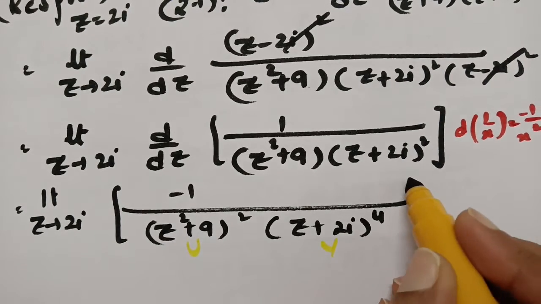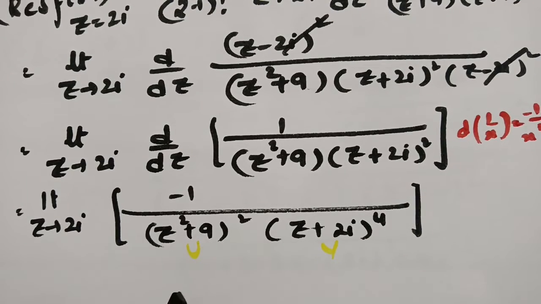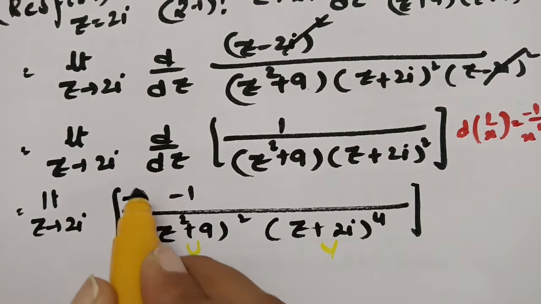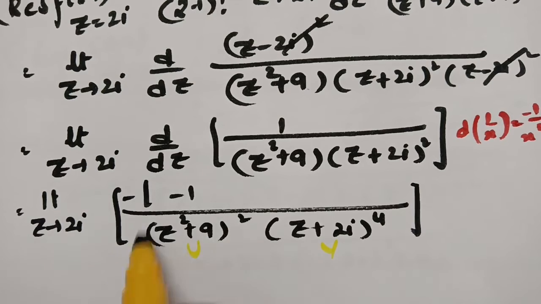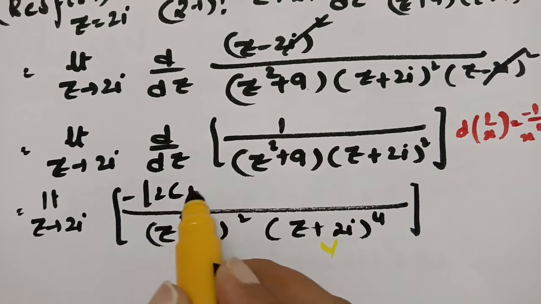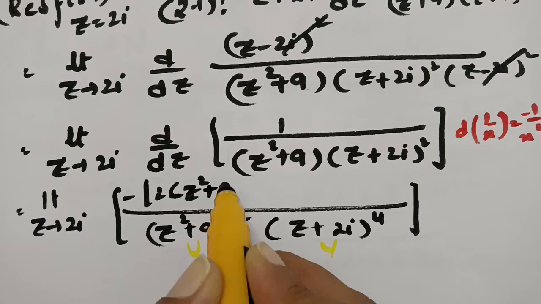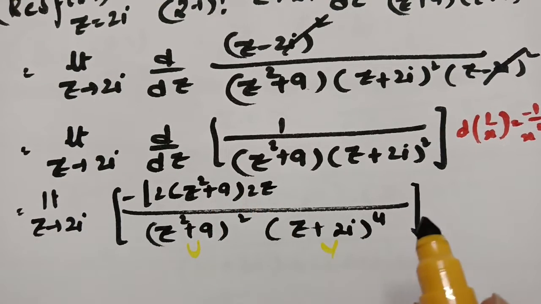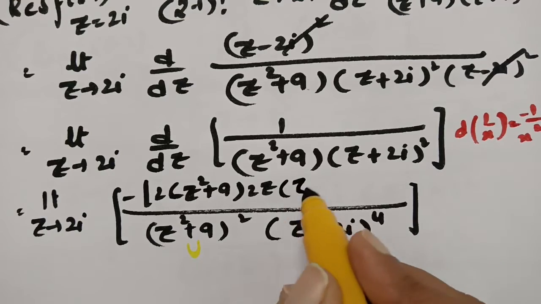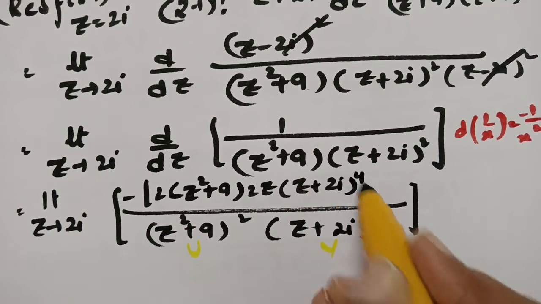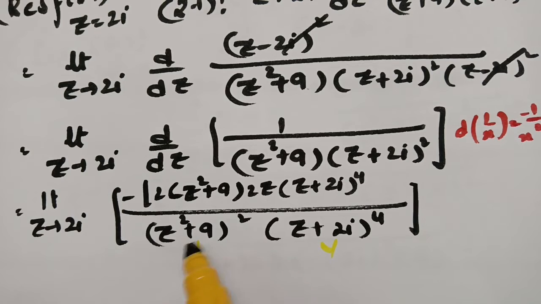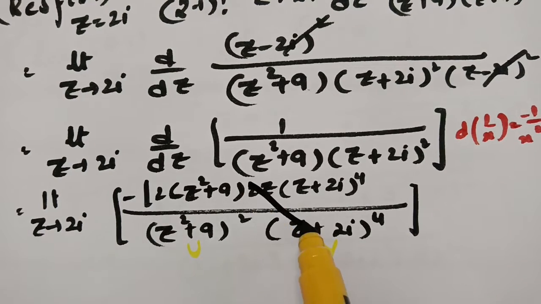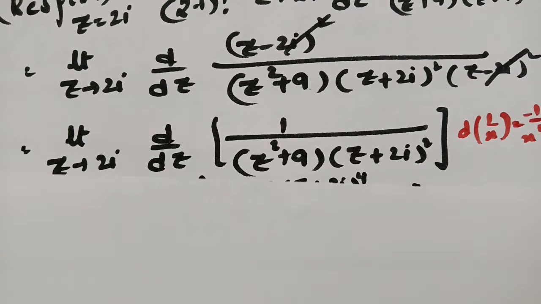In the numerator, this will be minus 1 times of: if I differentiate, this will be 2 times (z square plus 9) into 2z, and I have to leave the other, (z plus 2i) power 4. Clear? So I made a derivative for this. This is the derivative which we have to make.